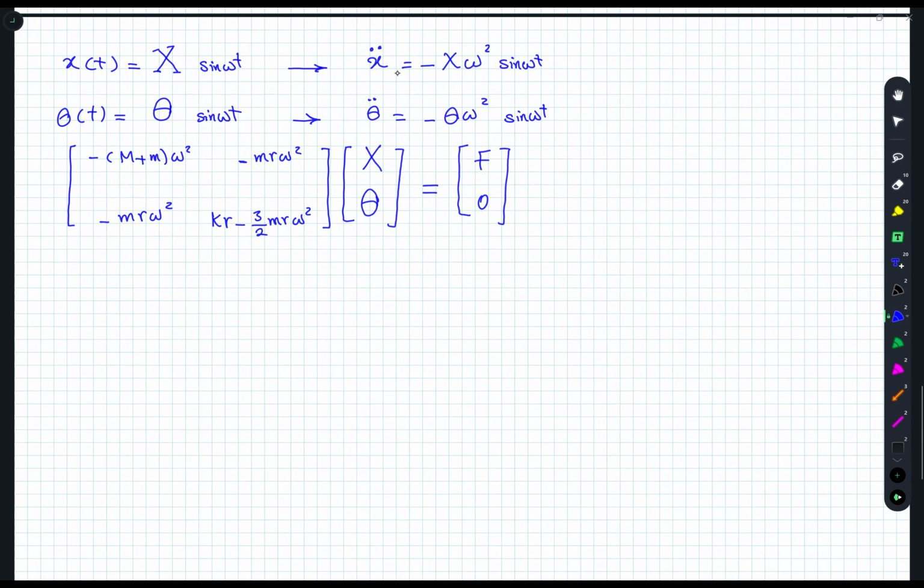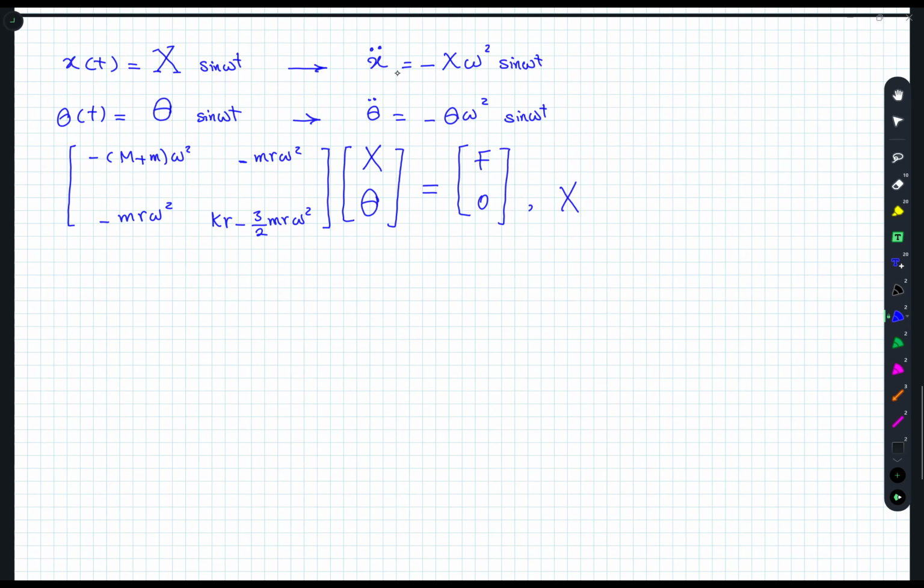All right. Now, when we get to this part, we have a simple linear problem, which we can use Cramer's rule to find the response X, actually. So in the response X, you know what? I'm just going to write it down here.